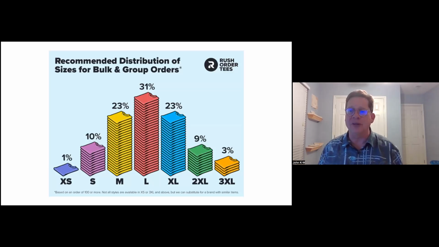So putting that all together, this just happens to be a slide that I had found off of Rush Order Tees based on their experience when you're ordering 100 or more t-shirts. This was the distribution. A lot of large t-shirts, very few extra smalls, and a few triple XLs.